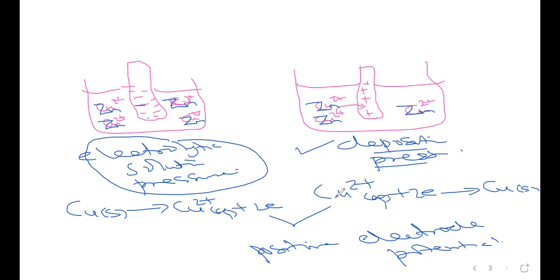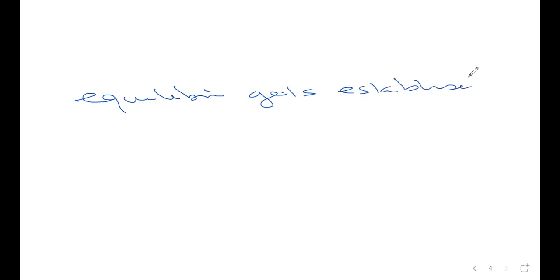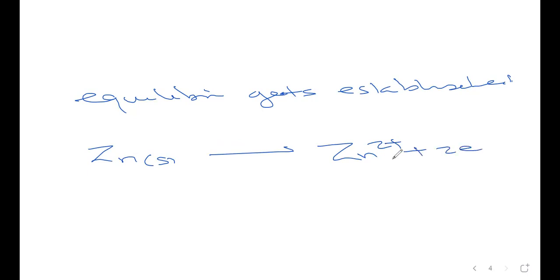Now, whenever there is dissolution of the ions and deposition of the metal on the rod, usually an equilibrium gets established. So for zinc, we have this kind of reaction. The zinc rod dissolves to form zinc ions. But in the same solution, we also have the zinc ions depositing zinc metal, and equilibrium gets established.